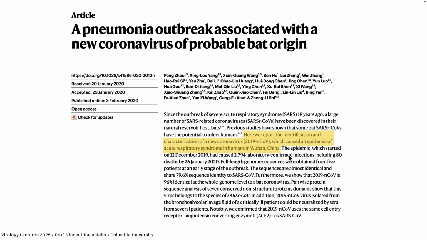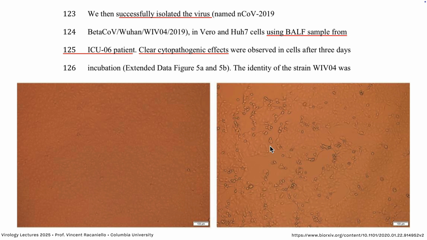And this is a good time to show how this assay, CPE, was used to identify the SARS-CoV-2 in early 2020. So remember, late 2019, there's an epidemic of acute respiratory syndrome in humans in Wuhan. So what they did was they took bronchoalveolar lavages from some of these patients.